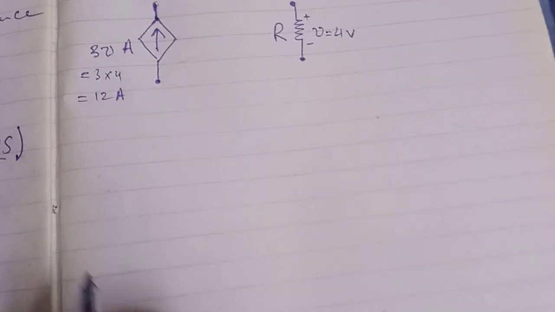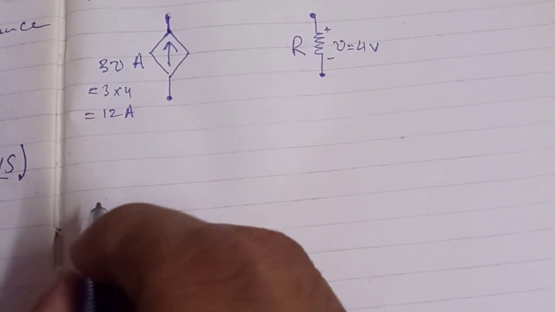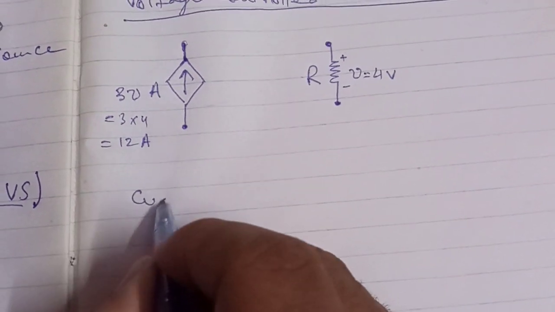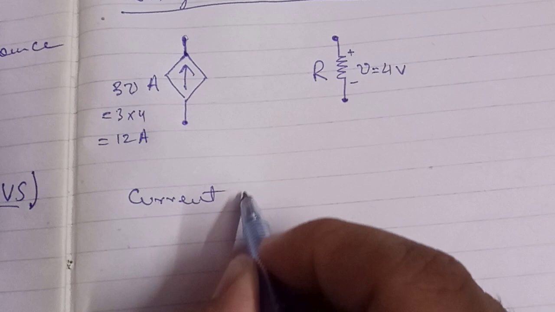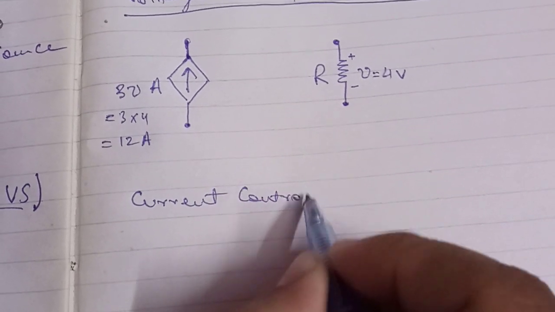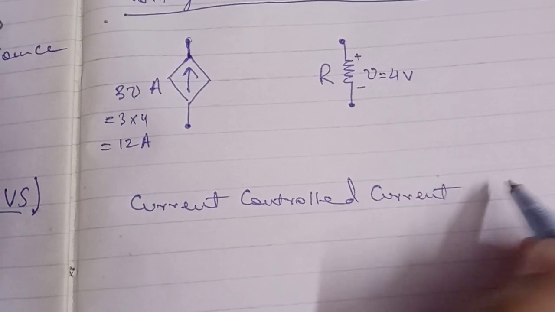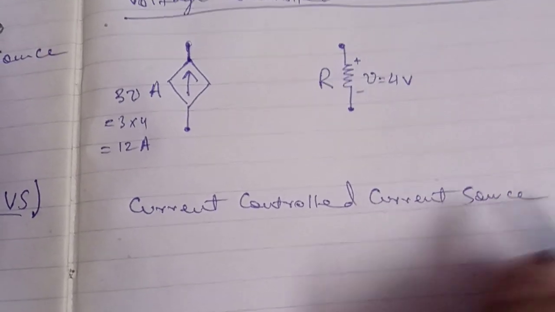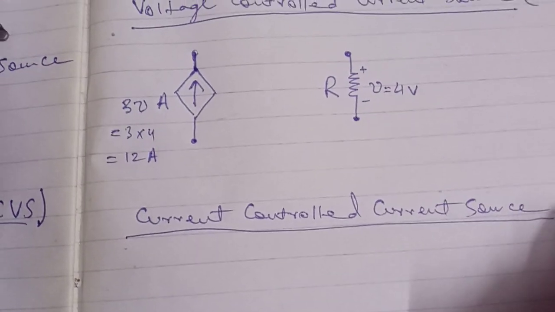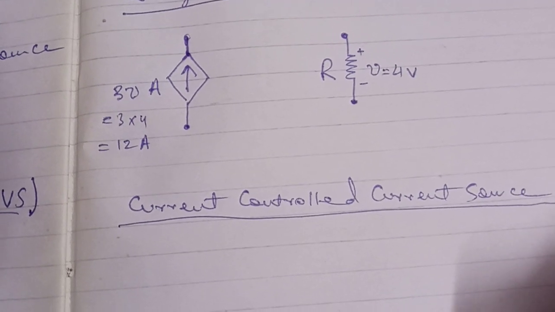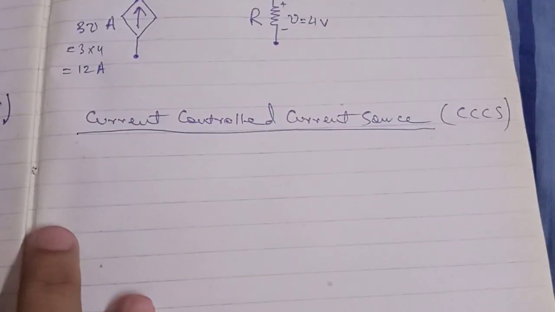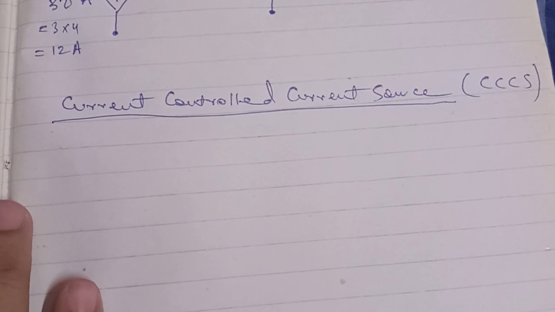Now the second type is the current controlled current source. The short form is CCCS. Current controlled current source, CCCS.